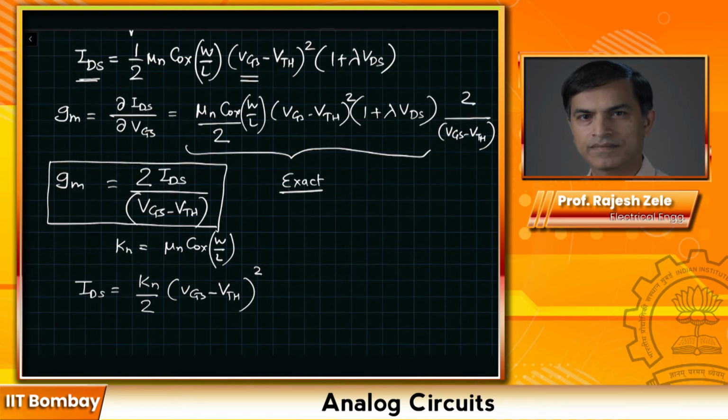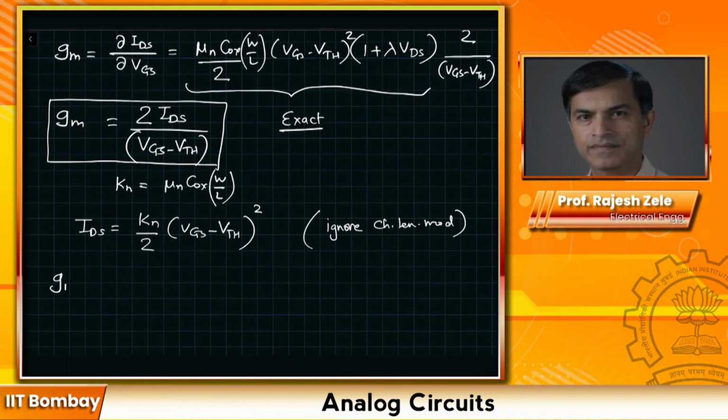In this particular case, I'm going to ignore the channel length modulation and see what we get. GM is equal to del IDS divided by del VGS, that is equal to Kn times VGS minus VTH.